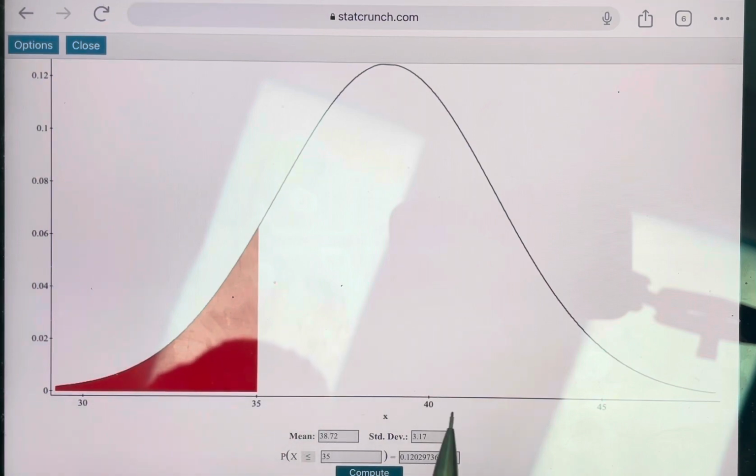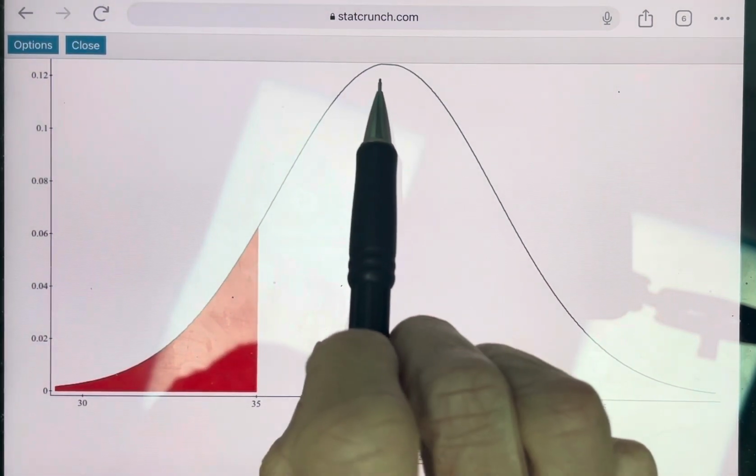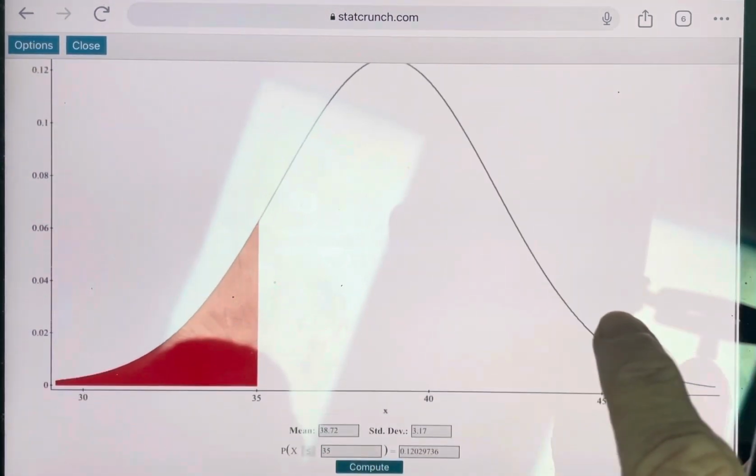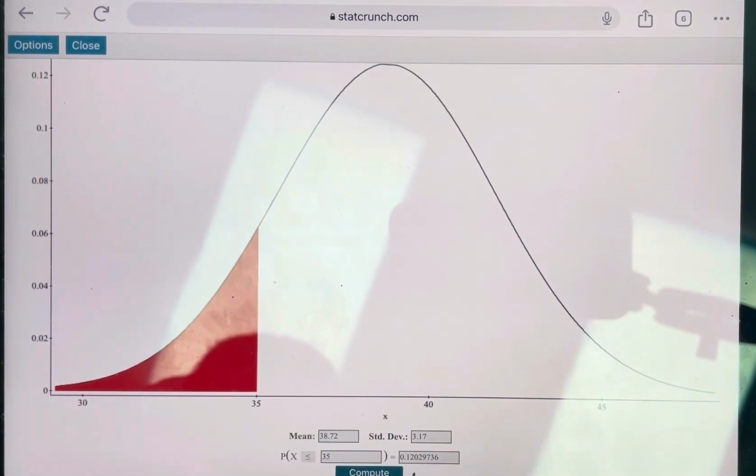There's 35, here's the mean. It's not showing the tick marks we included. It's not showing one standard deviation below or above, but it is giving us that area that is to the left of 35, that is less than 35, and that area is 0.1203.